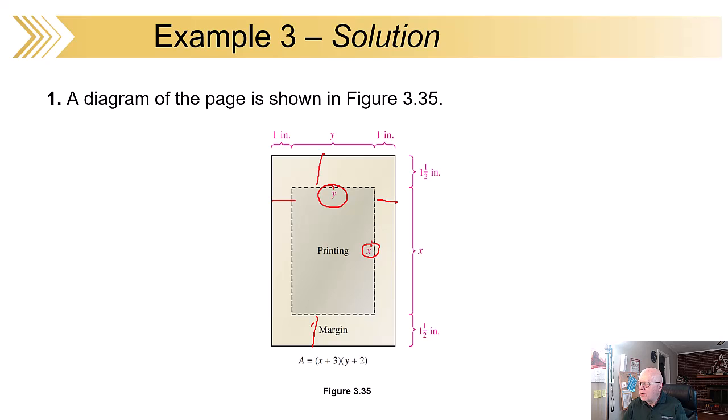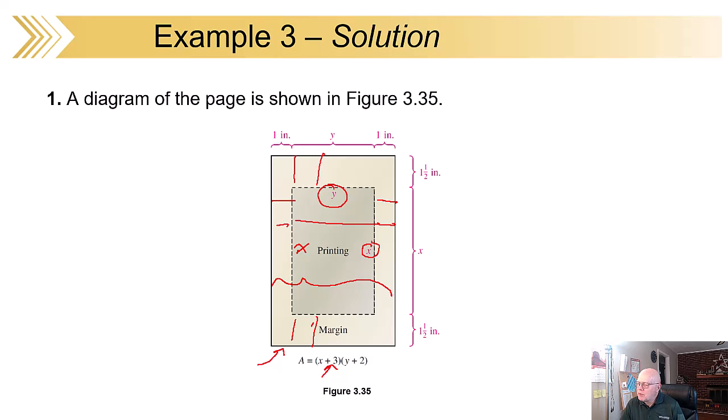And that way the area of this whole piece of paper will be... Here's Y, and you've got 1 inch on each side, so Y plus 2 across here. On the other end, you have X in this direction, and you have 1.5 inches up here, 1.5 inches down here, and there's your X plus 3.